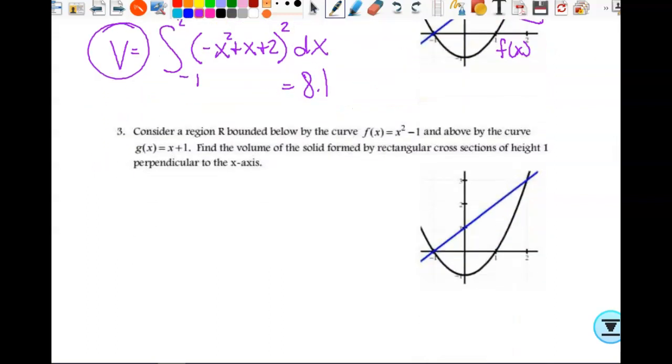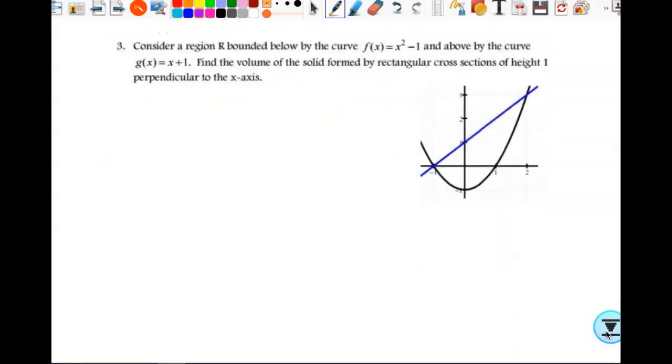Okay. So next, we have the region, same functions. So we know that this is f of x, and we know that this is g of x. And we know we're going from -1 to 2. This time, it's the volume formed by rectangular cross sections with a height of 1.